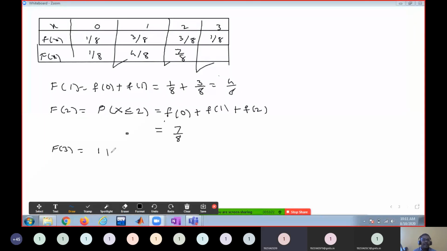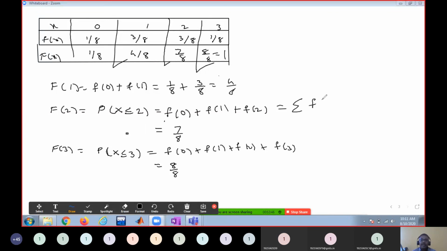The probability that X is less than or equal to 3. That is f of 0 plus f of 1 plus f of 2 plus f of 3, which is 8 by 8, that is 1. So this is nothing but summation f of t, t less than or equal to x.